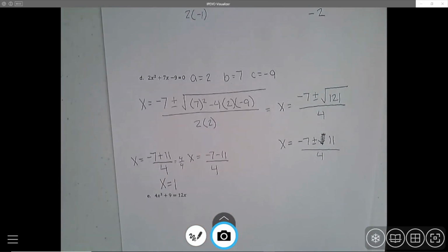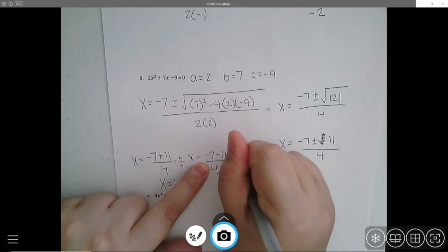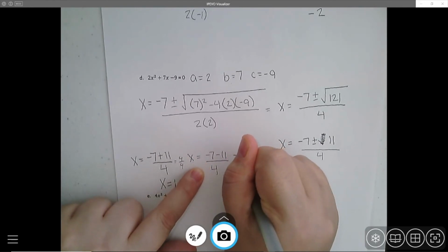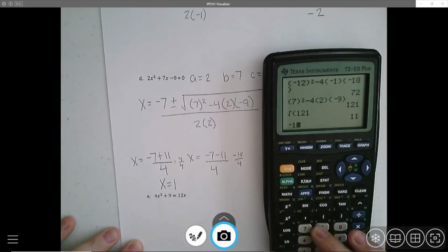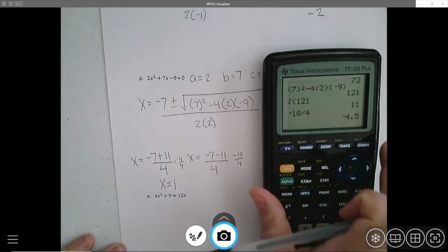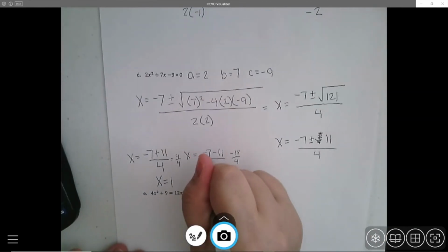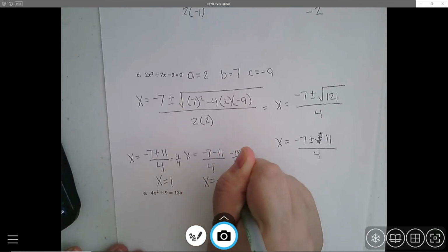Negative 7 minus 11 is negative 18 over 4. Negative 18 divided by 4 is negative 4.5. So x equals negative 4.5.